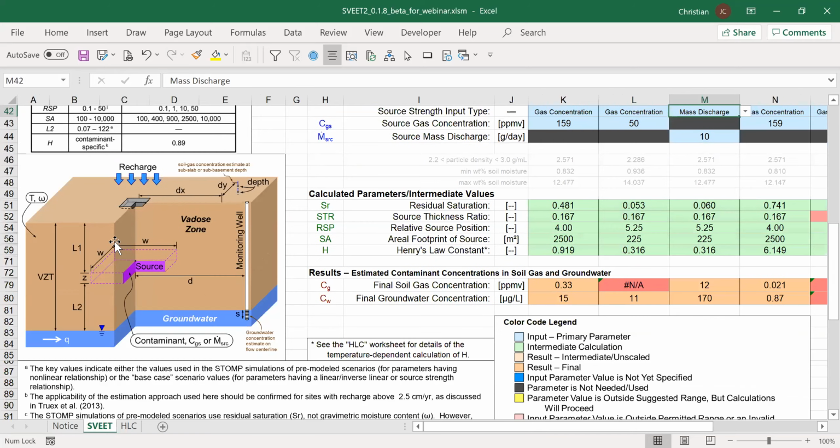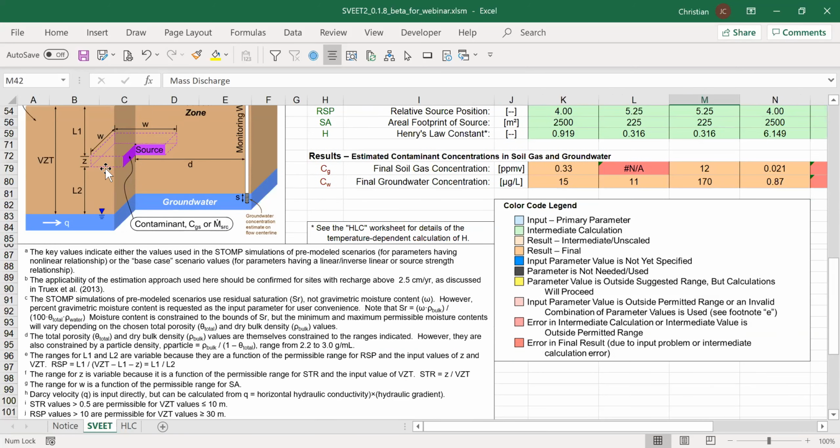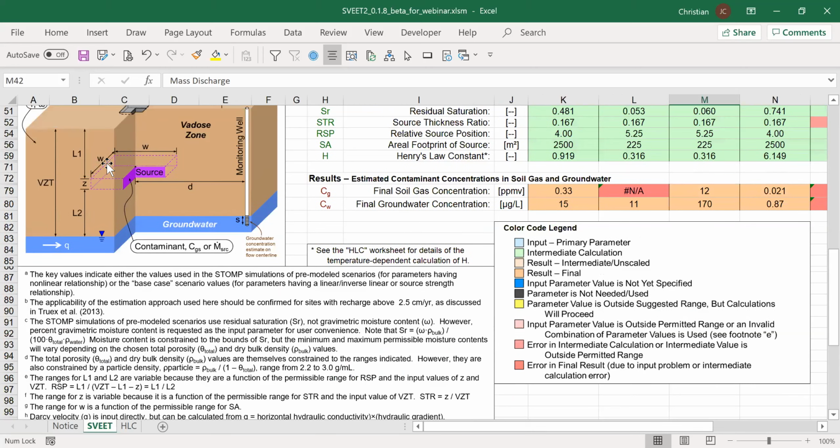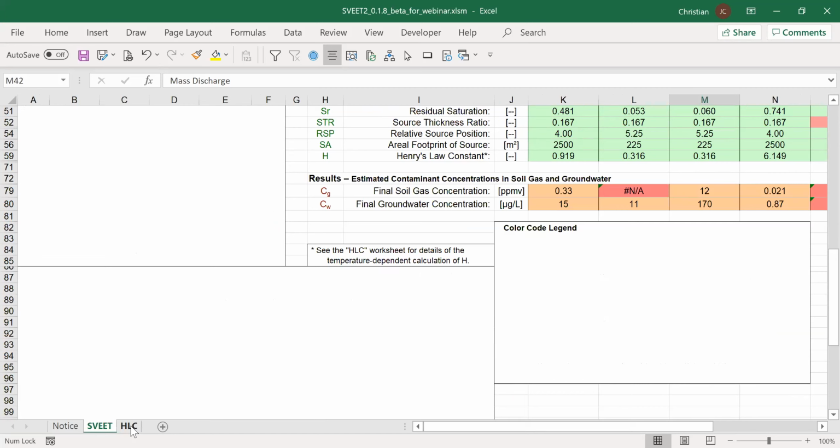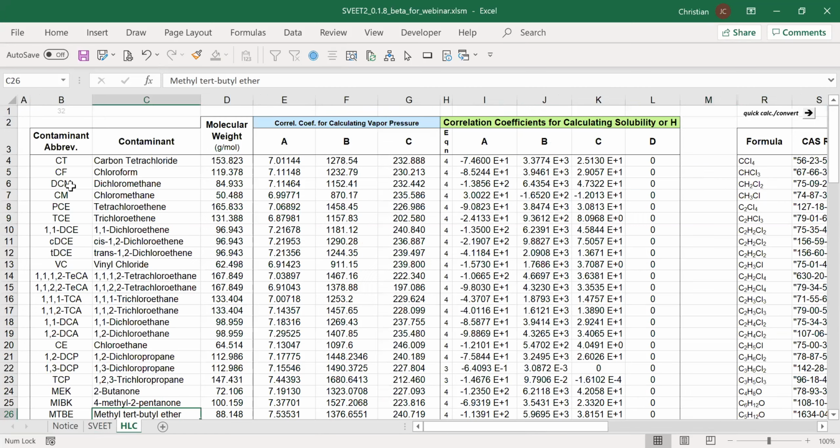You've got the generalized conceptual model here and some notes about the parameter ranges and the parameters, the color codes down here. There is another sheet here that might be of interest. You probably won't visit this too often, but this contains the chemicals and correlation information.